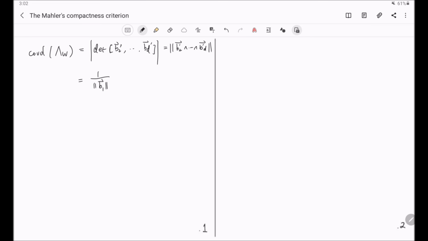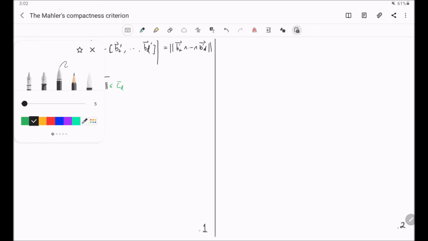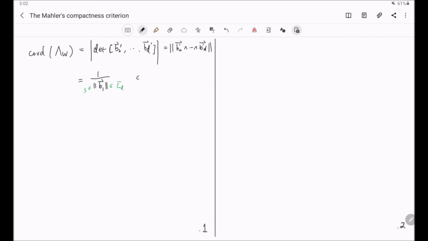But you know this is bounded below by S and bounded above by some constant that only depends on d. Remember, we call this C_d bar. So the reciprocal of this is bounded below by 1 over C_d bar and above by 1 over S.